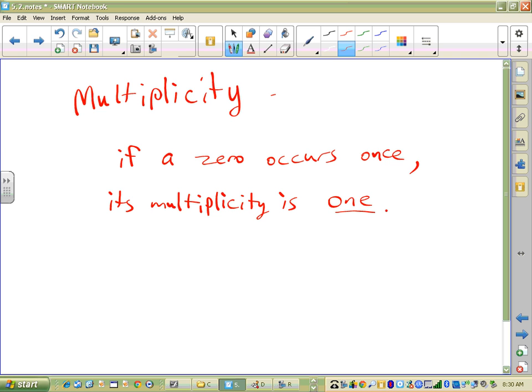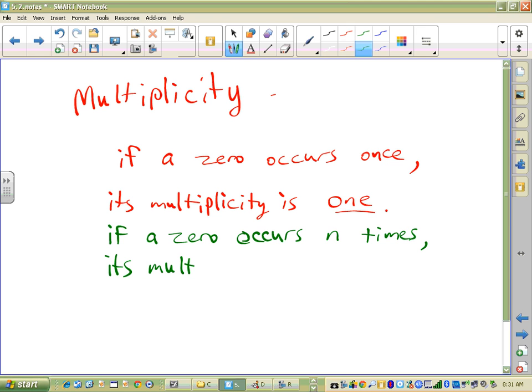Well, that's pretty sensible. If a 0 occurs once, its multiplicity is 1. Similarly, if a 0 occurs n times, its multiplicity is n.